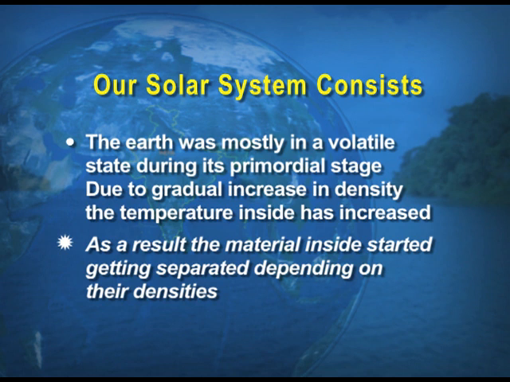This allowed heavier materials like iron to sink towards the center of the Earth, and the lighter ones to move on the surface of the Earth. That is why we now see the differentiation of the Earth in the form of Sial layers towards the top, and then Sima and Nife, the heavier metals, towards the center.